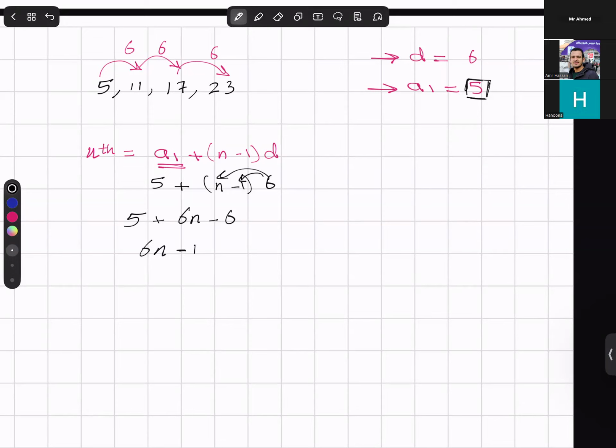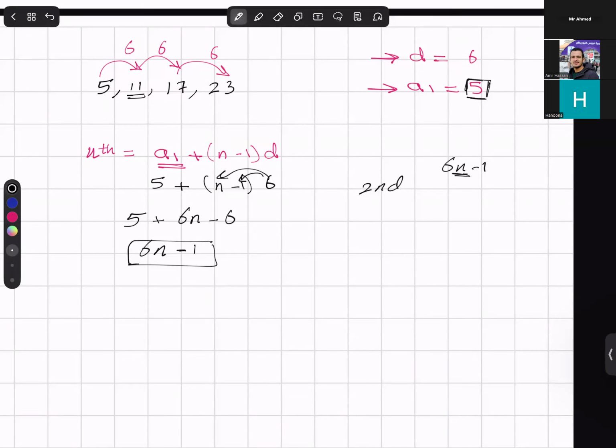I need to check whether our rule is correct or not. I could get the second term. The second term is supposed to be 11, right? If I got any other number, it makes sense I've done it incorrectly. Let me write down the rule, 6n minus 1. What does n stand for? I told you that n is the position of the term.